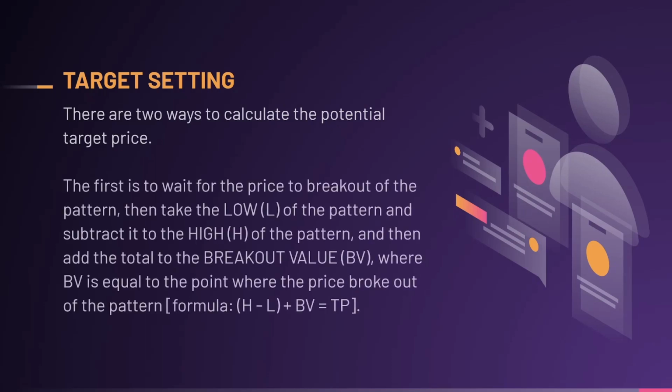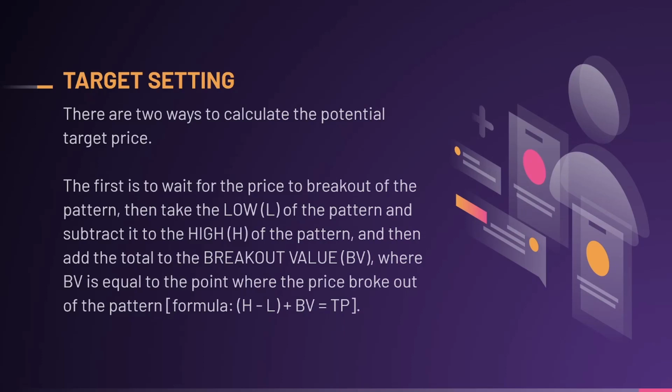The first is to wait for the price to break out of the pattern, then take the low of the pattern, so that's the L in our formula, and subtract it from the high, so that's the H in our formula, of the pattern, and then add the total to the breakout value, henceforth known as BV, where BV is equal to the point where the price broke out of the pattern. So the formula will be parenthesis H minus L plus BV equals TP. TP being the target price.